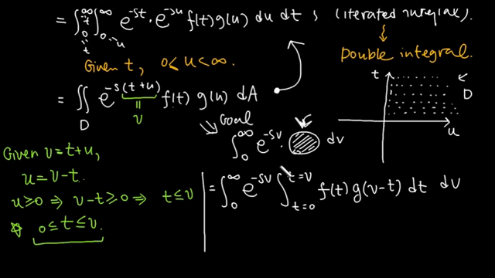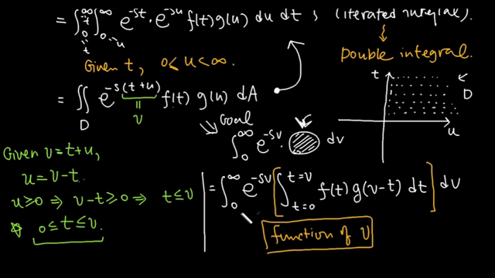So if you look at it here, this part is really a function of v. Given a v value, we're integrating this with this dummy variable t. So each time v varies, this thing varies. So that's a function of v. So we wrote it as the integral from 0 to infinity of e to the negative sv, times a function of v, dv.